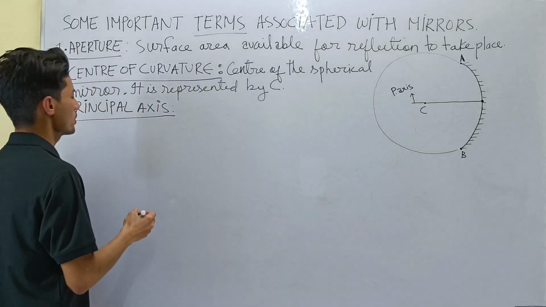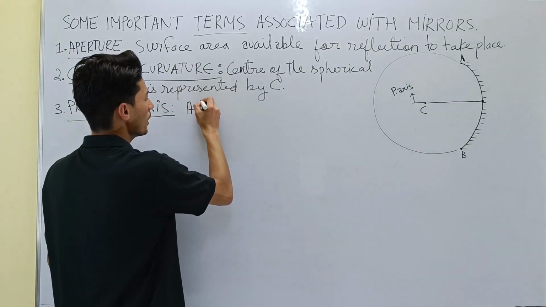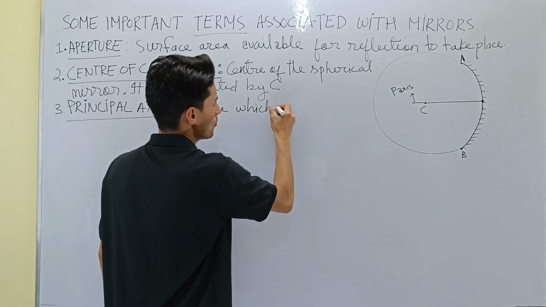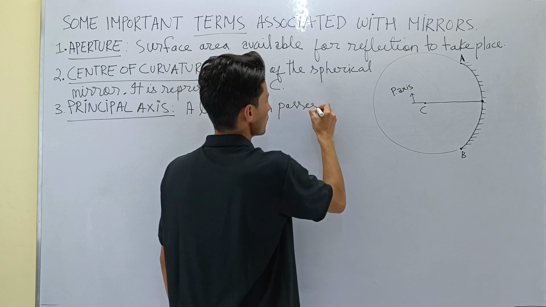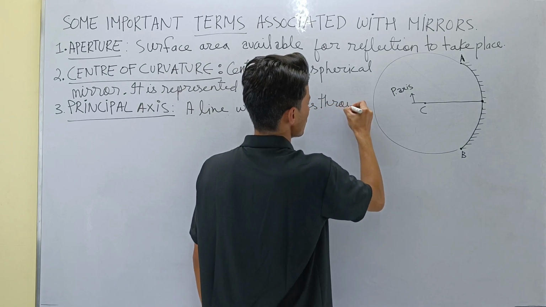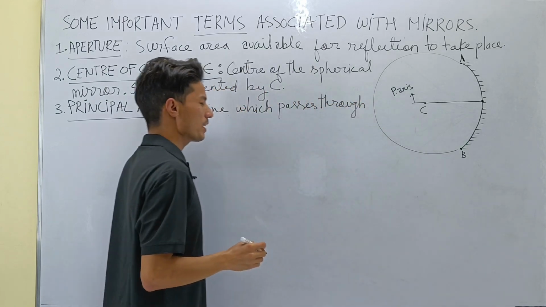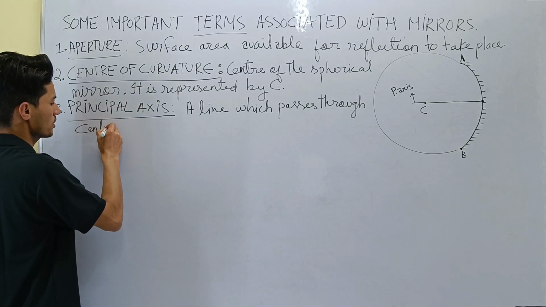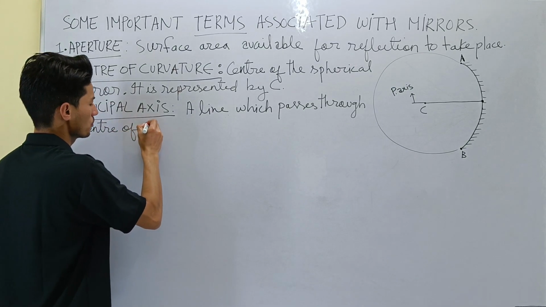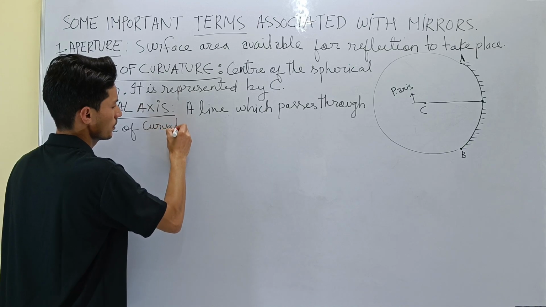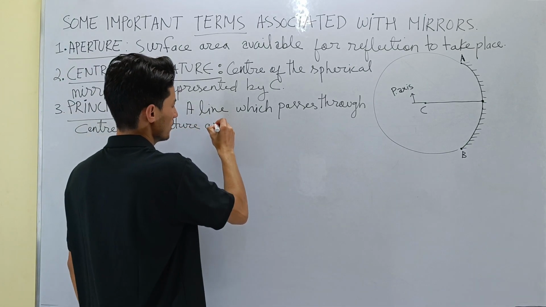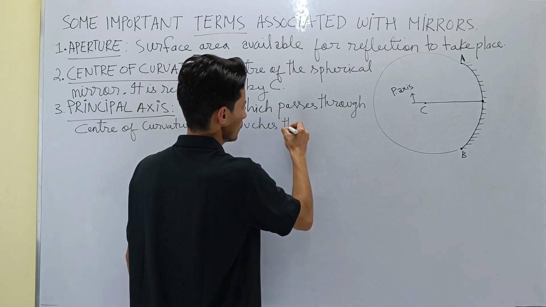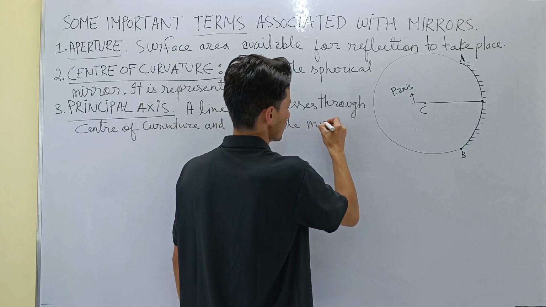Let's write the definition. A line which passes through C, the center of curvature, and touches the mirror.